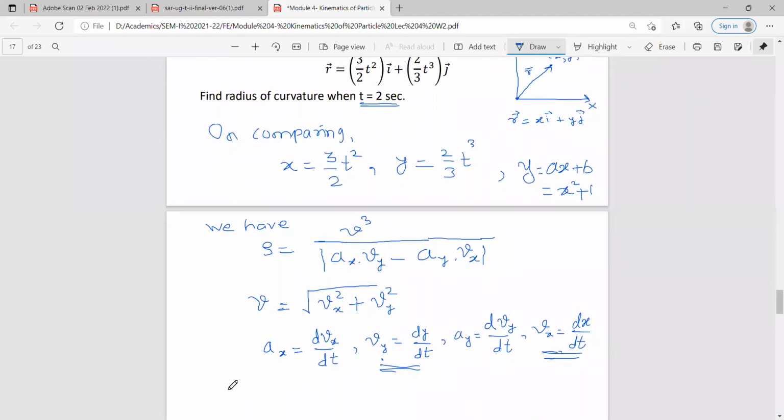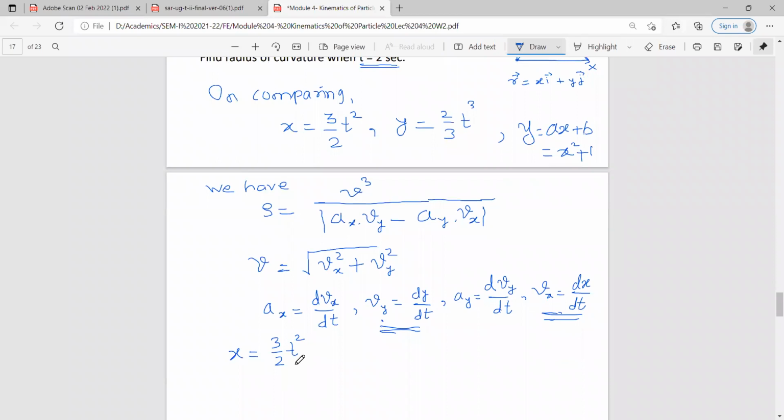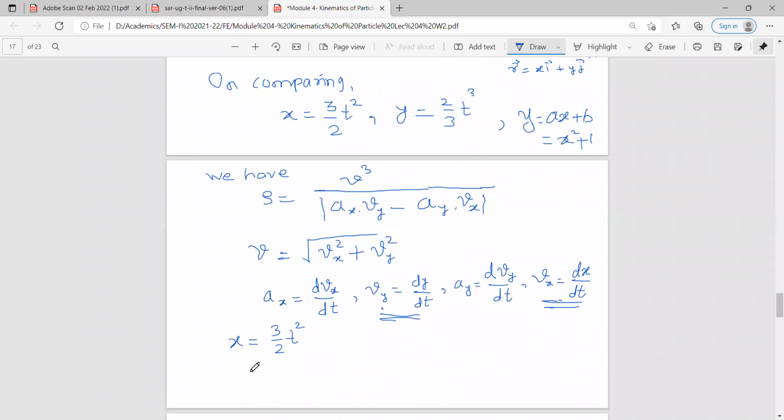Here it is given x is equal to 3 by 2 t square, right? We have to calculate what? dx by dt. So dx by dt, you just differentiate it. It will be 3 by 2 into the derivative of t squared, 2t.